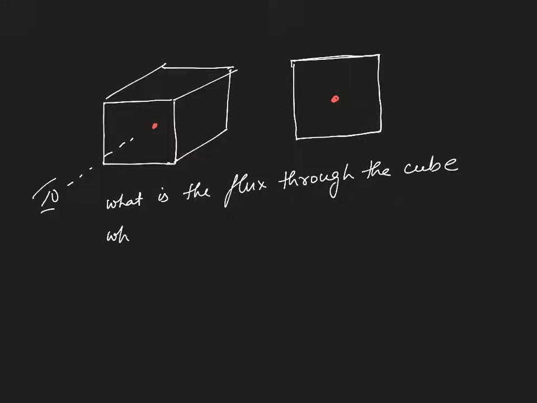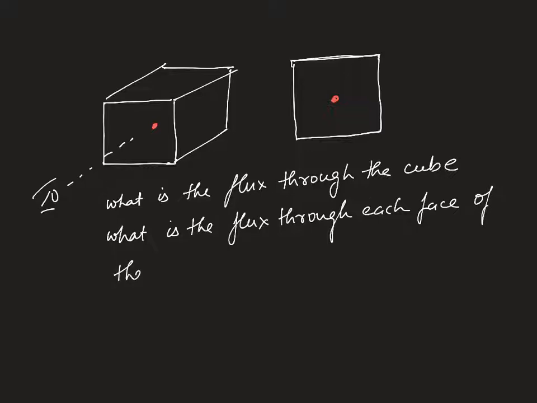And what is the flux through each face of the cube? So you must understand at this point that flux through the cube is basically flux due to this charge.